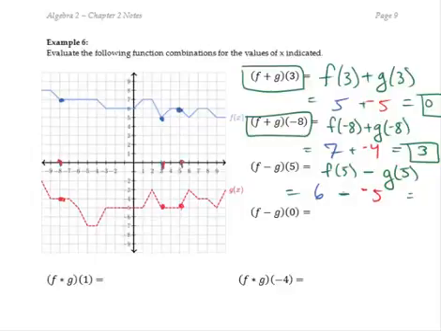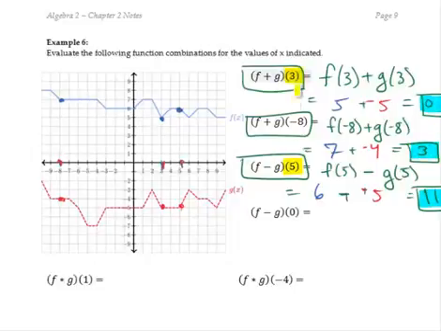Remember that a negative times a negative makes it a positive, so 6 plus 5 is 11. So you input a 5 and your output was an 11. These are also outputs. These are your inputs. All of those are inputs.